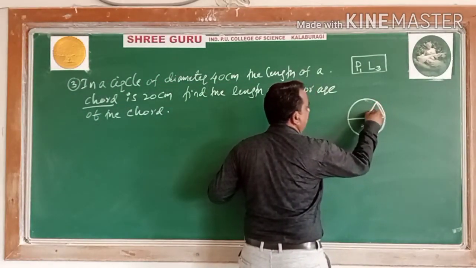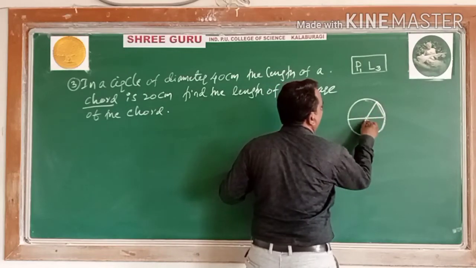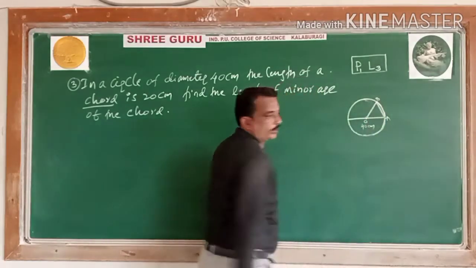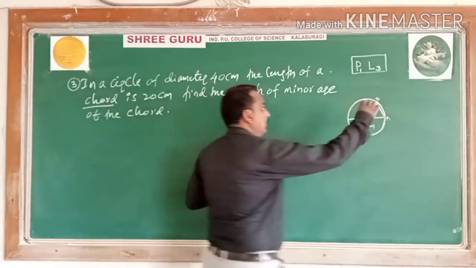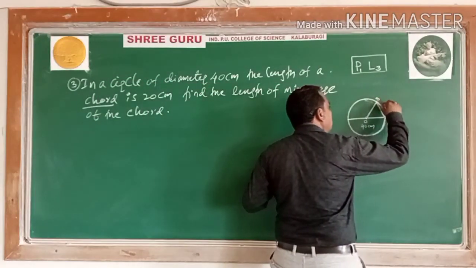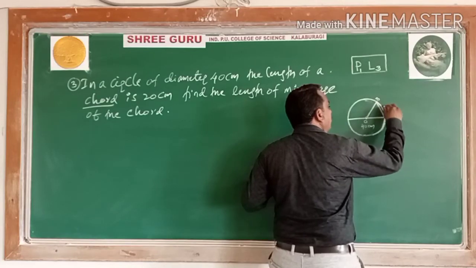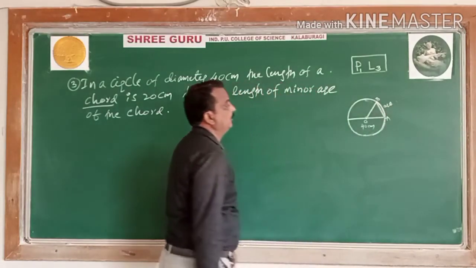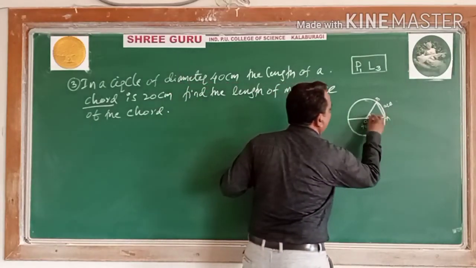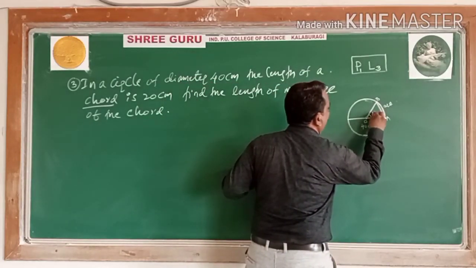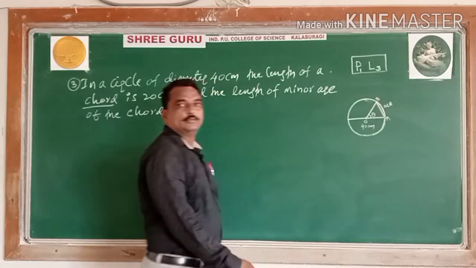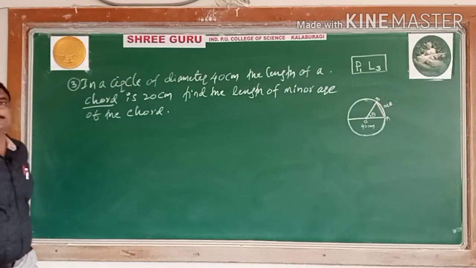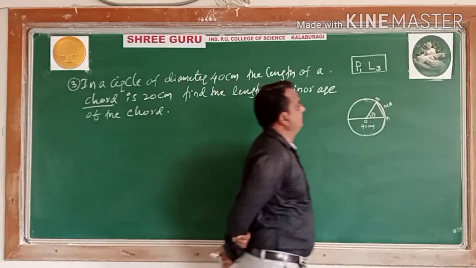Here I will take angle AOB, where O is the center of the circle. What you have to calculate is the length of the arc. You don't know this angle, so you have to calculate theta here. First you need the angle.